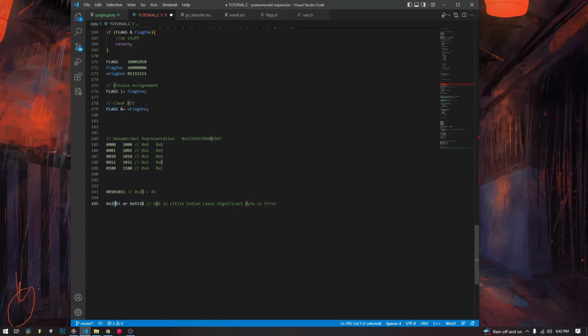B is 16 squared, 2 is 16 to the third, and then you add all of those together to get the value. But when we're thinking about it as an address, the bytes in a little endian system, which the GBA is, we actually switch them around in order of which one is the least significant byte. It comes first in a little endian system.